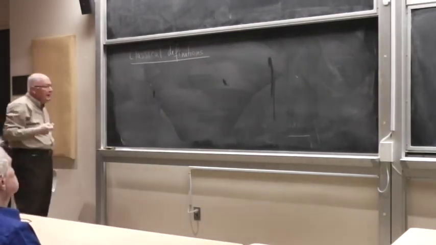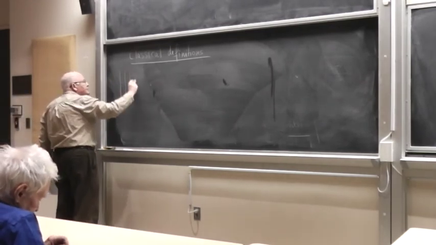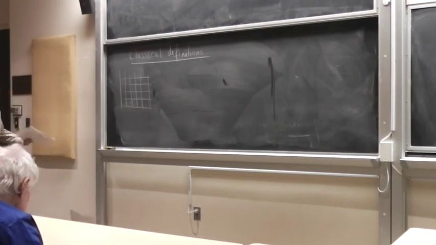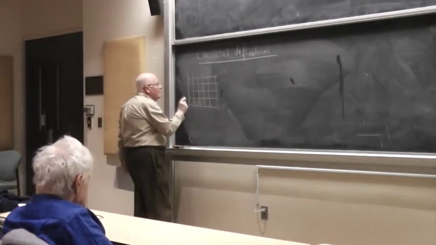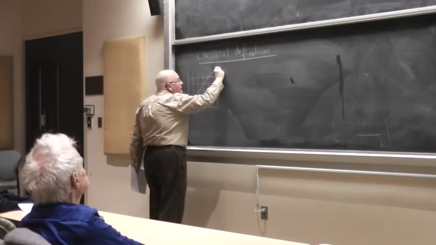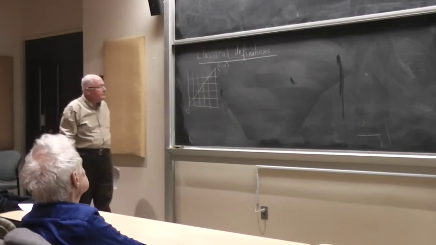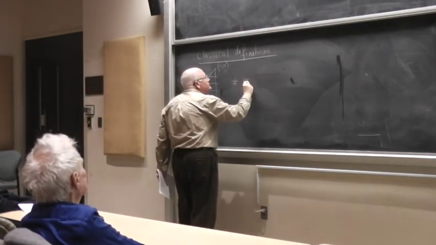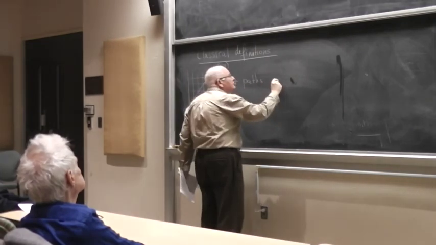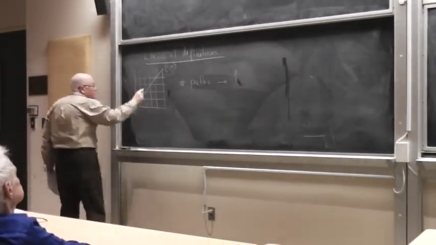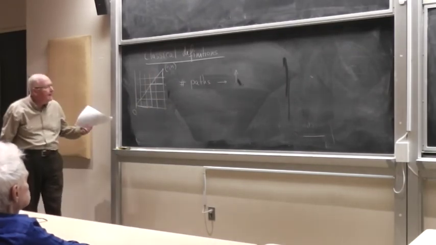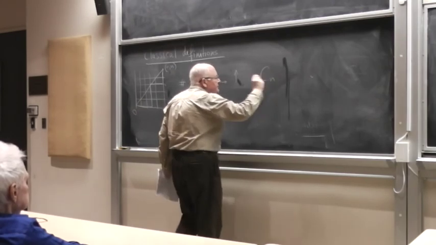One is: you have the coordinate plane with integer coordinates, and you consider paths from the origin to a point n, and you count all paths such that you go to the right or up, but not above the diagonal. So you consider counting paths like this, and the number is a Catalan number.